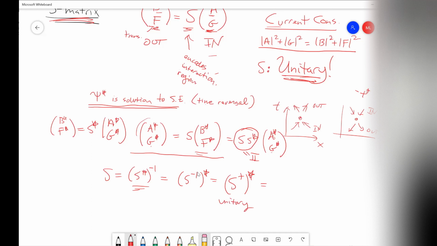And moreover, what's a dagger? It's a transpose and a complex conjugate. So it's a transpose, and then you take two complex conjugations, which just undoes the complex conjugation. So this is S transpose. So not only is S unitary, S is symmetric. It's a symmetric matrix, not Hermitian, but straight up symmetric. It's equal to its transpose.